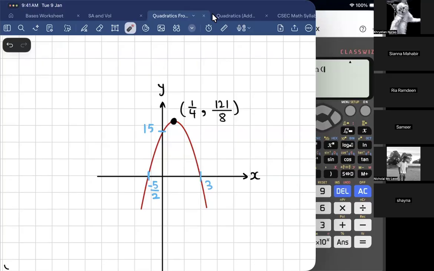So it's just from the turning point to the x-axis, sir? Yeah. If you draw this line over here, wouldn't this line cut this into two mirrored images? Yes, sir. So that's the axis of symmetry.